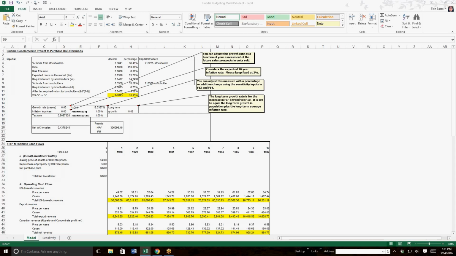So I think that's supposed to be B9. And to perform the weighted average cost of capital, you do F13? What the heck? That makes no sense.